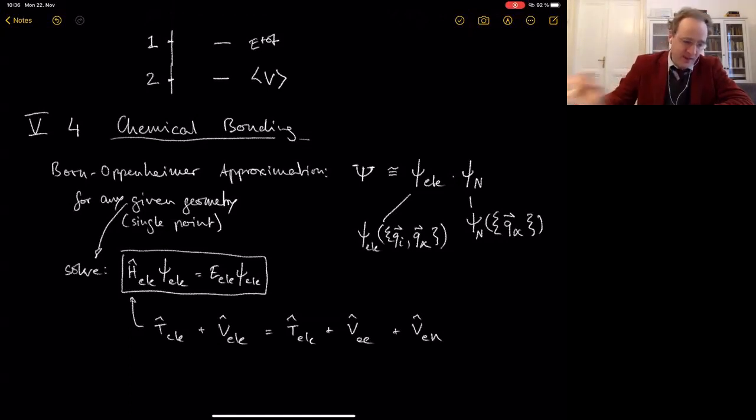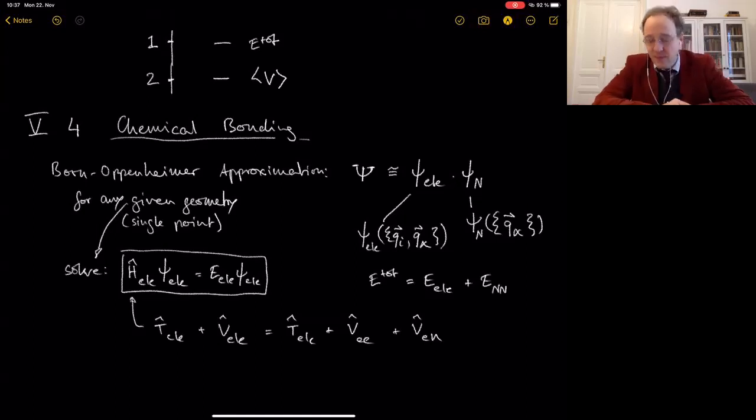Now, what is E_tot? E_tot is E_elec plus E_nuclear repulsion. Okay. So the nuclear repulsion is not something we need to deal with in solving the Schrodinger equation.